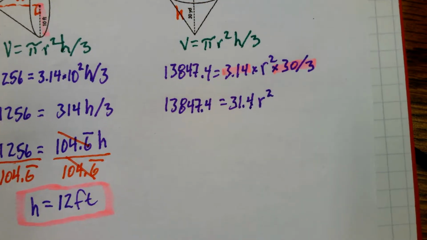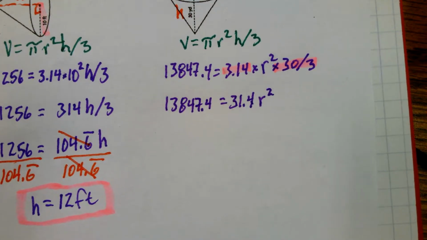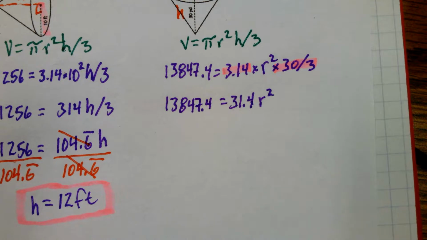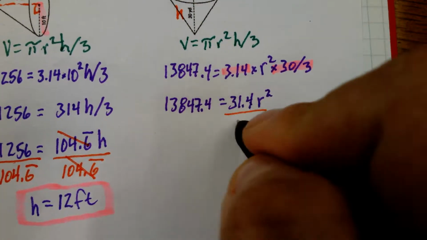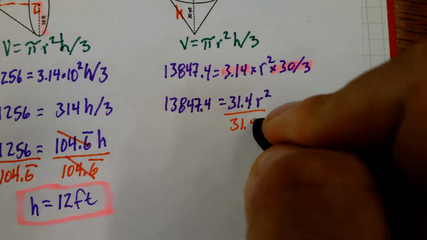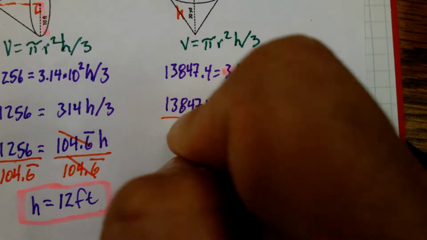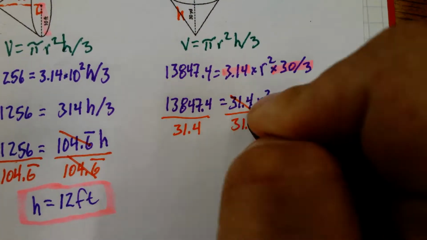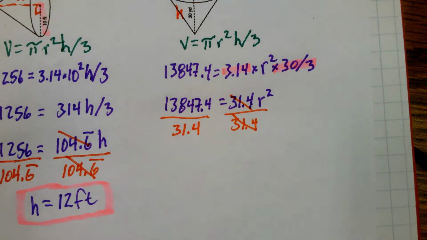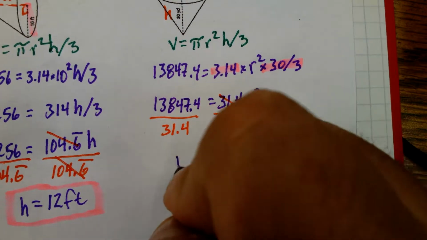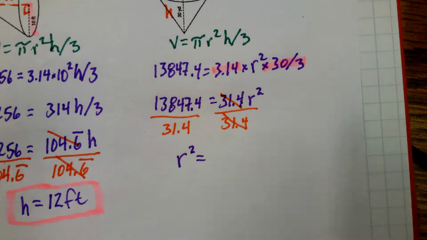Okay, well, it's not too bad. It's smaller. At this point, we do have to divide away 31.4. To cancel these out, leave r squared by itself. At least we'll know what r squared is.